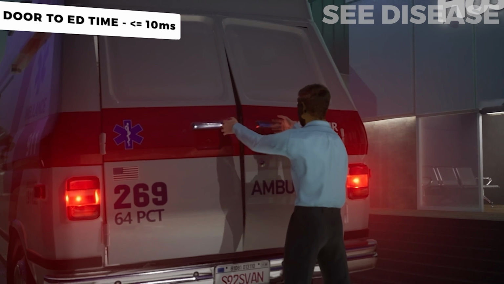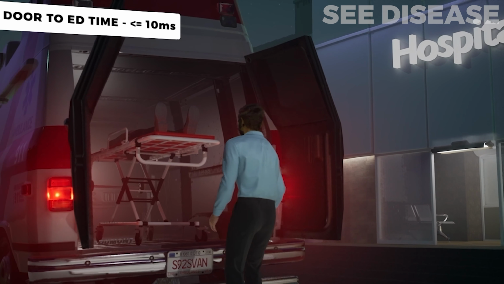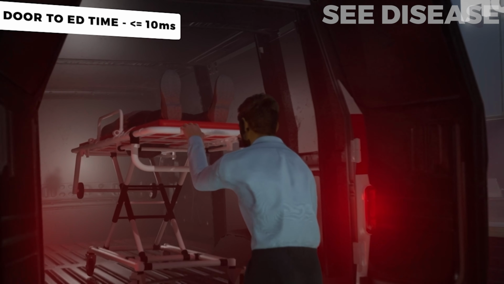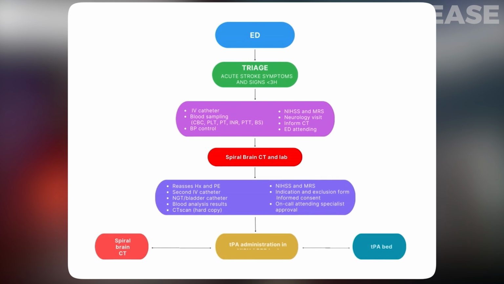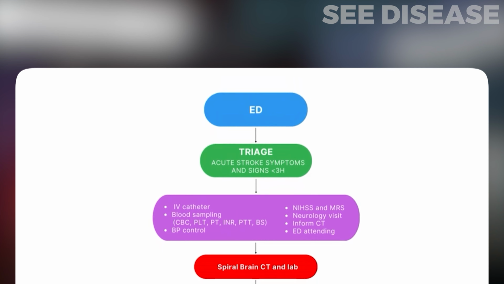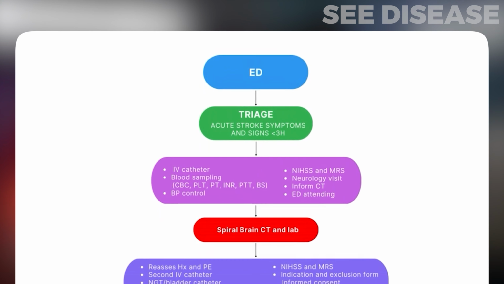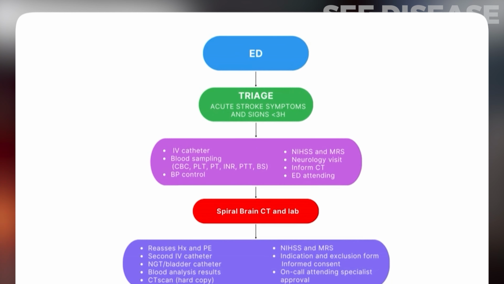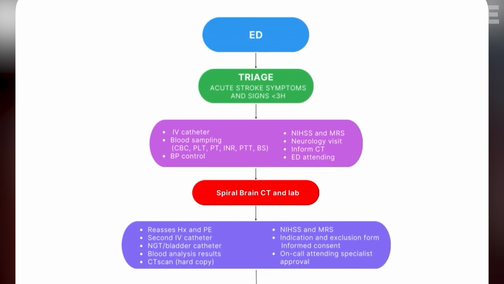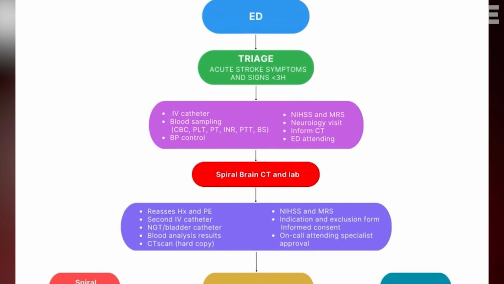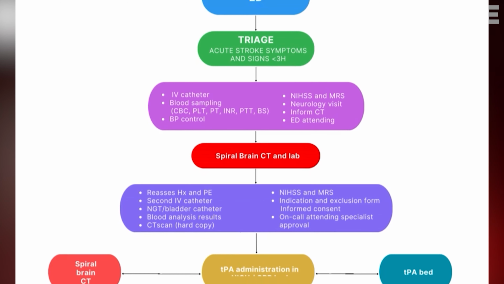So at the emergency department, you have a protocol, you triage, and if the patient has emergency or acute stroke symptoms, the stroke team is alerted, the stroke code is activated, and you pass an IV catheter, take a blood sample, do the blood glucose, do the clotting profile, and do a blood pressure measurement. Also, the ED physician should do stroke scoring if possible, and alert the neurology team involved in the acute stroke team.